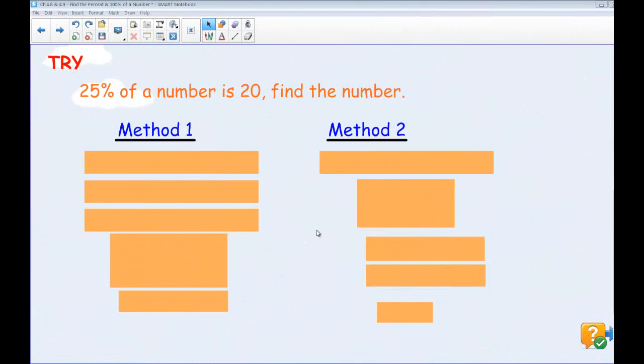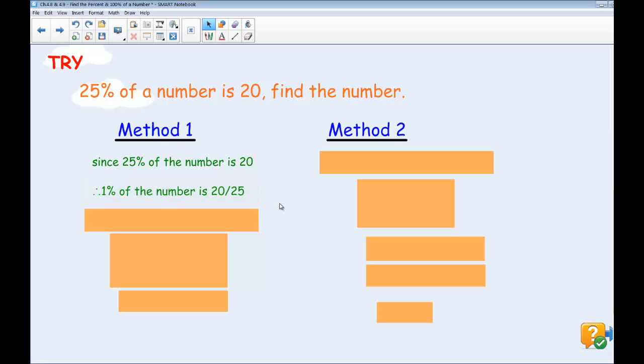Okay, so I've used the same two methods to solve this question. For the first method, thinking that since 25% of the number is 20, as suggested in the question, then 1% of the number must be 20 divided by 25.